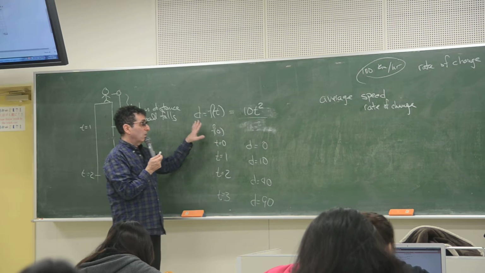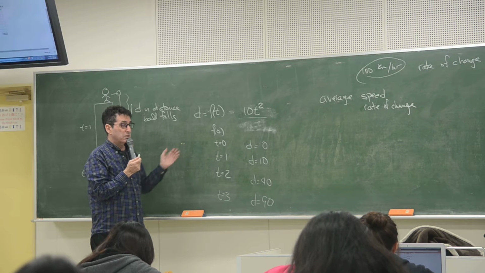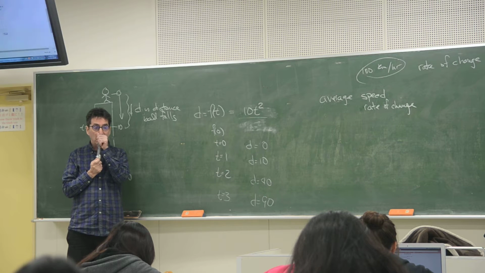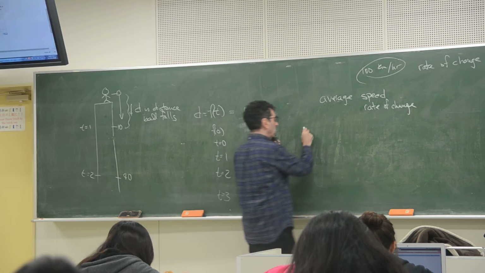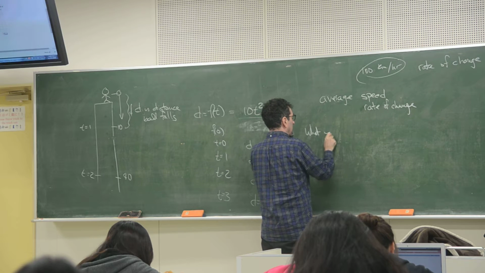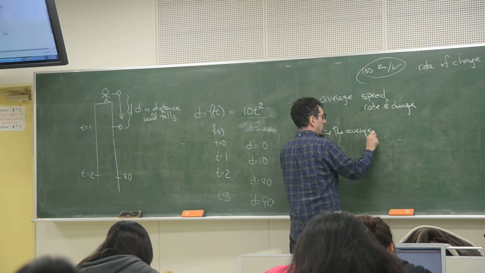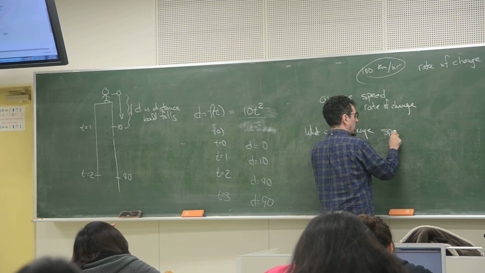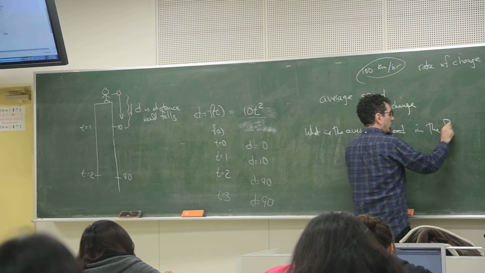And if I say, what is the average speed? That also is not a clear question. So I have to be more specific. I can say, what is the average speed in the first second?